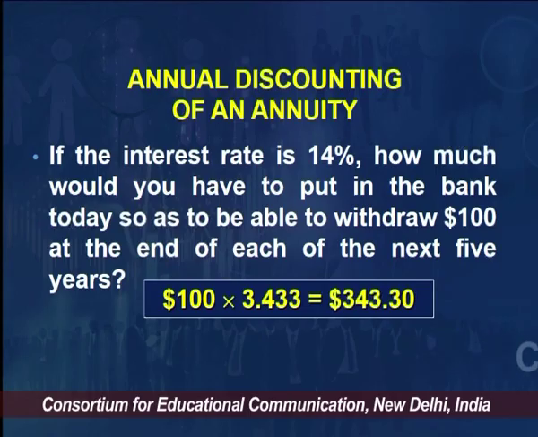It means if you deposit 343.30 in the bank today, you will be able to withdraw $100 every year for 5 consecutive years. I hope you were able to comprehend this situation.